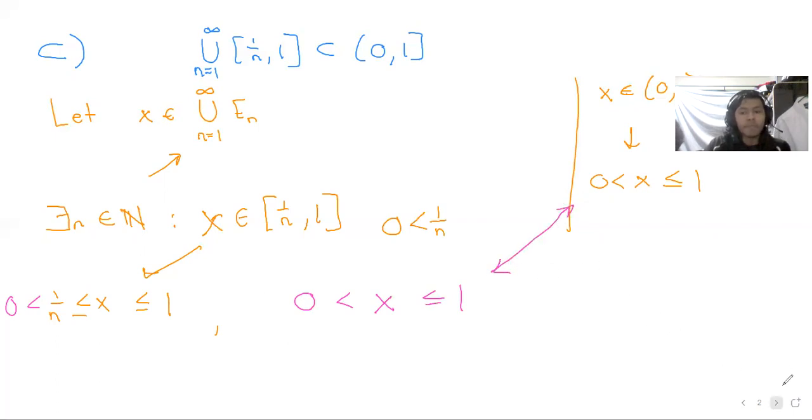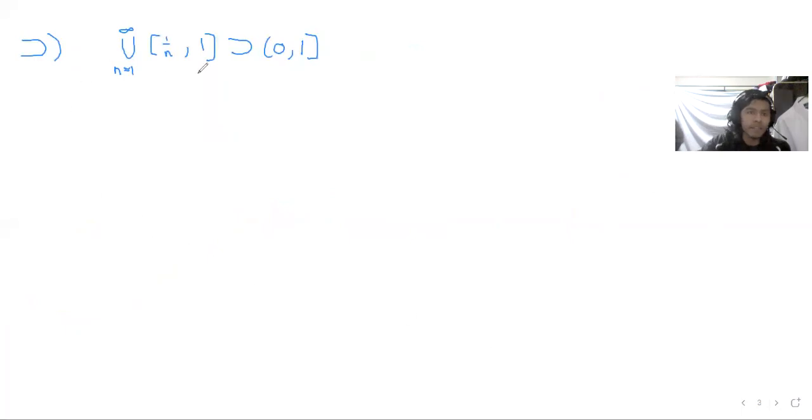So the second part: now our symbol is facing in the other direction. So we will let x exist in the interval from 0 to 1 this time. And now we want x to exist in the union of E_n.